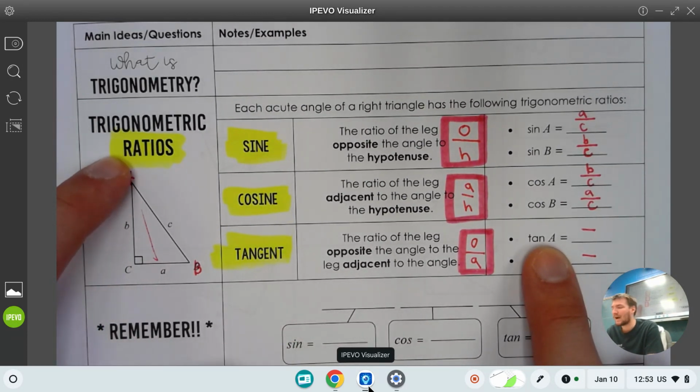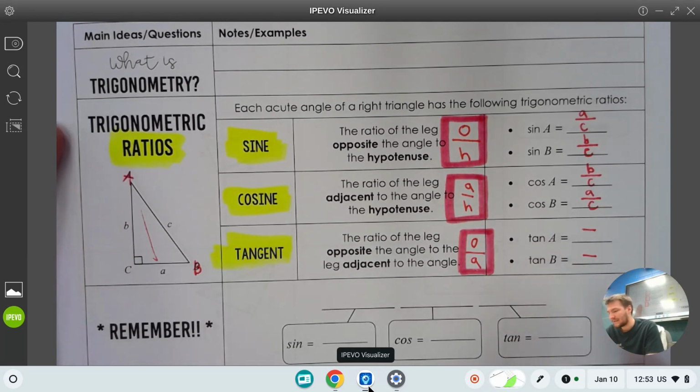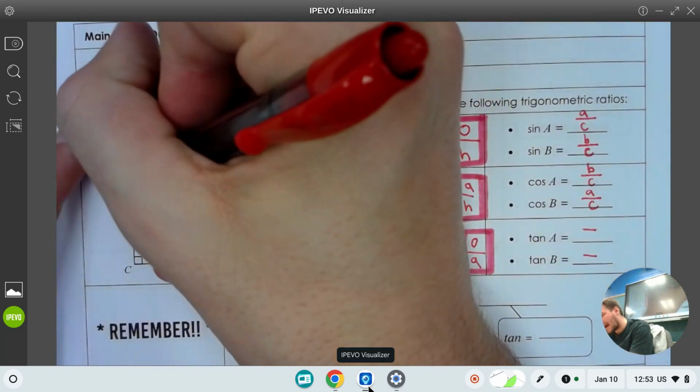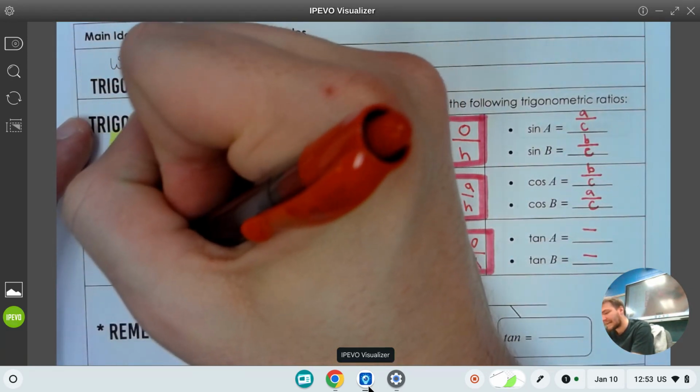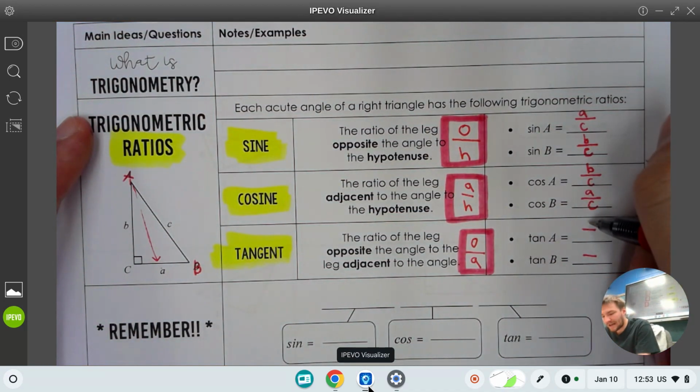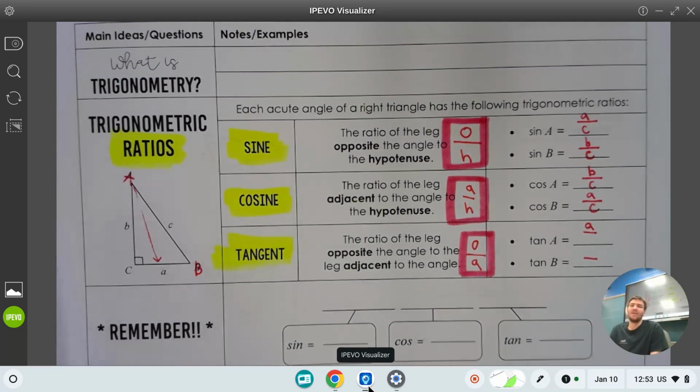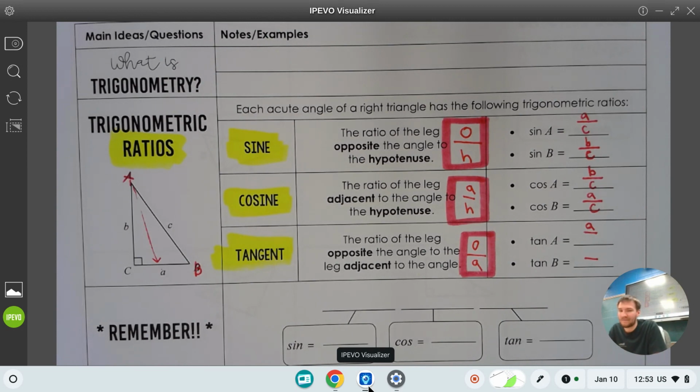Which letter is the O? Which letter is opposite? All the way opposite letter A is side A. So we're going to have side A right there, which is a little confusing because we use the A to represent the opposite. I get that, but you'll have to handle it.